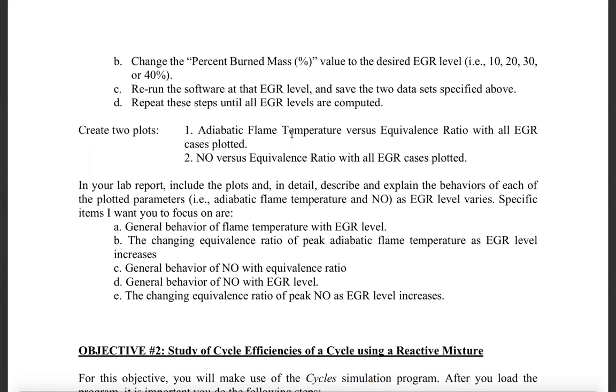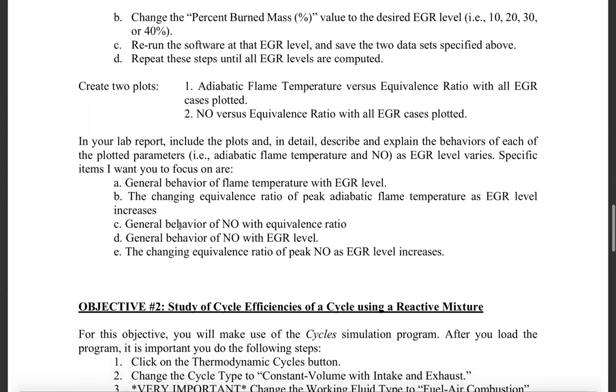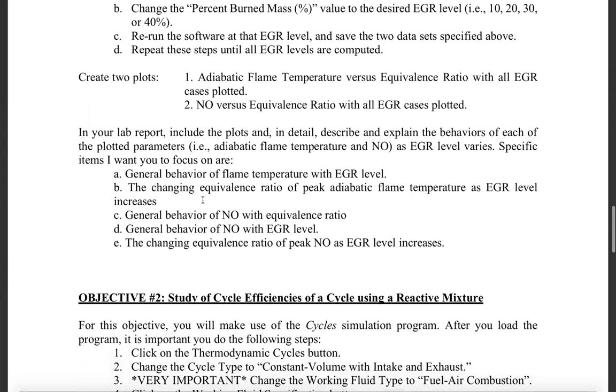And so in your lab report, again, what you'll want to do is use those 2 plots and describe these 5 things, okay? So describe the general behavior of flame temperature with EGR level, describe the changing equivalence ratio of peak adiabatic flame temperature as EGR level increases, describe the general behavior of nitric oxide with equivalence ratio, describe the general behavior of nitric oxide with EGR level, and then describe the changing equivalence ratio of peak NO as EGR level increases, okay?